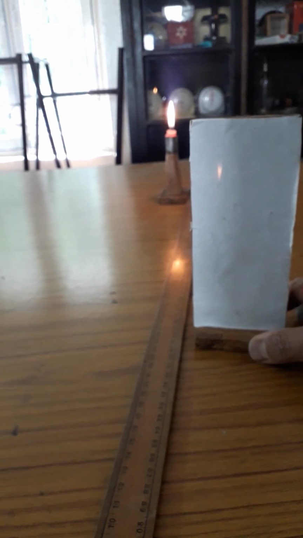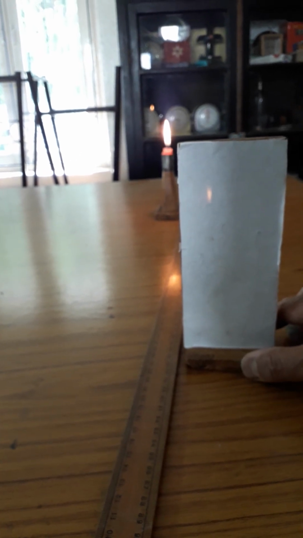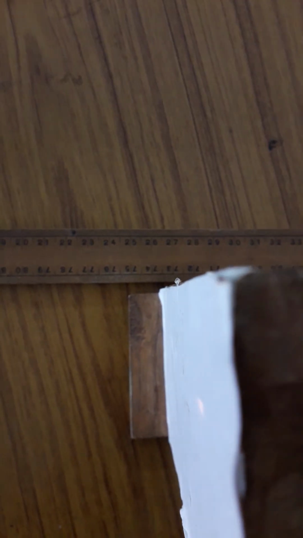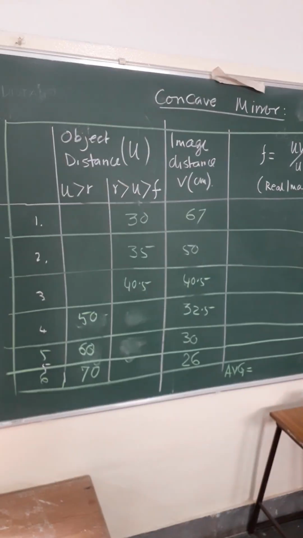This is how you adjust the screen to get it out of focus and back to focus, somewhere here. And that gives you a reading of 26. So this then is our final tally.